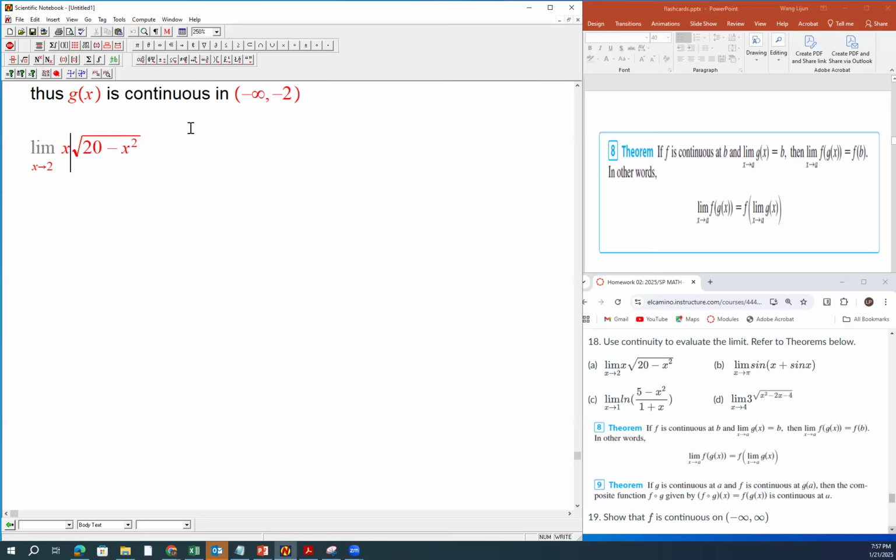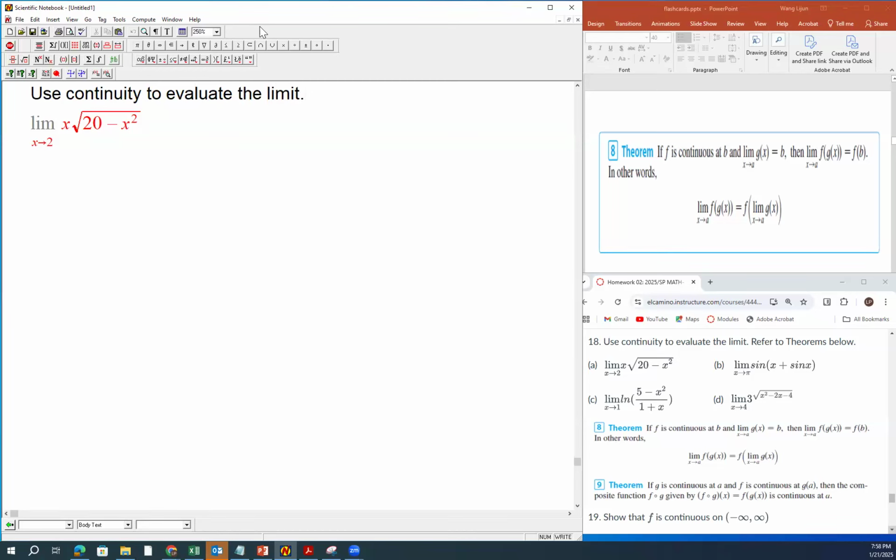So what point do we need to make? Here we're going to use continuity to evaluate the limit.